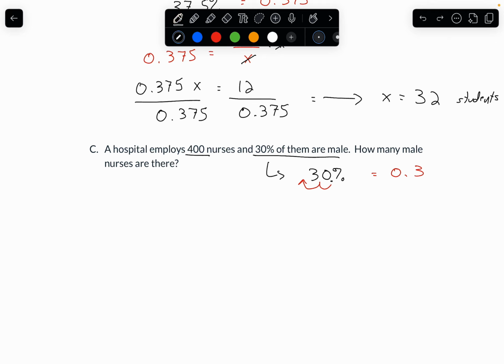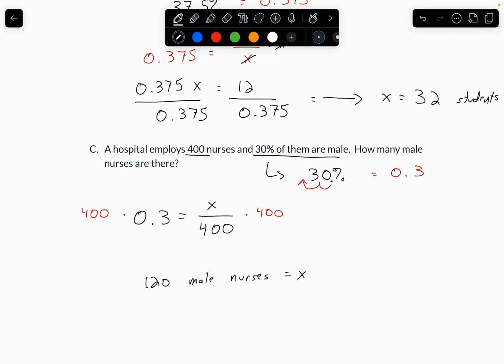So if I wanted to use the formula, I would take the percentage in its decimal form, 0.3, is equal to X, the number of male nurses, I don't know what that is, divided by the total number of nurses, which is 400, and I can solve for X. So I multiply both sides by 400, and I end up with 400 times 0.3, or 120 male nurses as my X value.